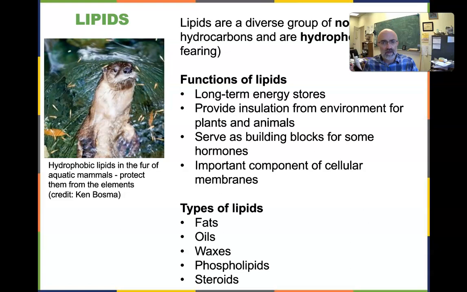In terms of the function and how you're going to see them in cells, one of the main functions is basically long-term energy storage. We know that if you eat a lot of sugary foods, a lot of carbs, your body tends to metabolize that into fats.